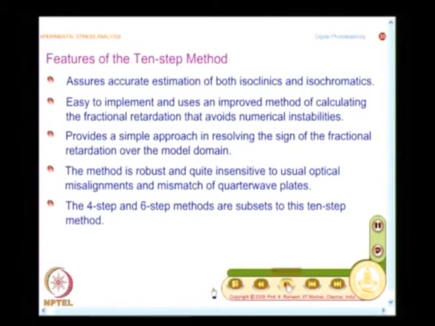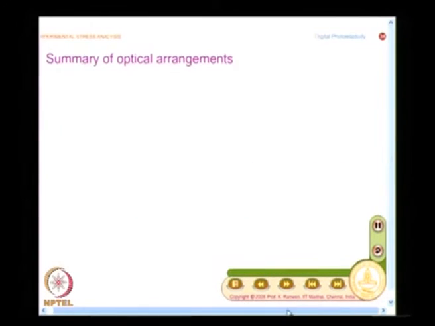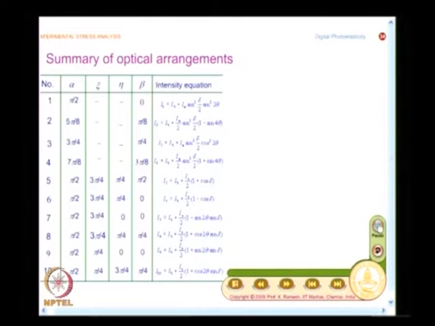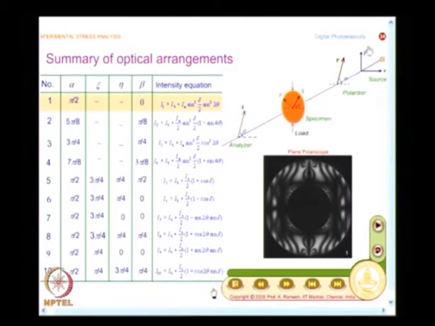And let us look at the summary of optical arrangements. What you have here is a plane polariscope. The difference here is, I keep the polarizer and analyzer at angles alpha and beta. And we have found that if you want to find out isoclinics, you need to use a plane polariscope.